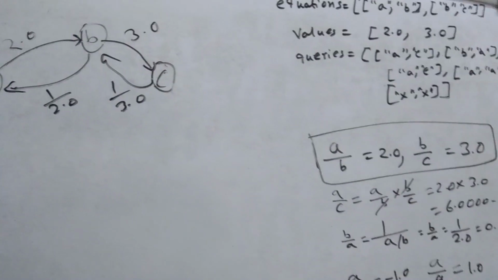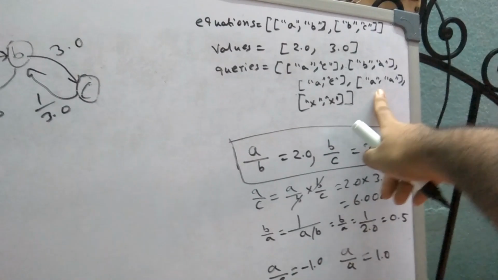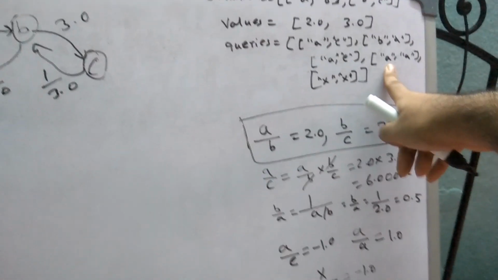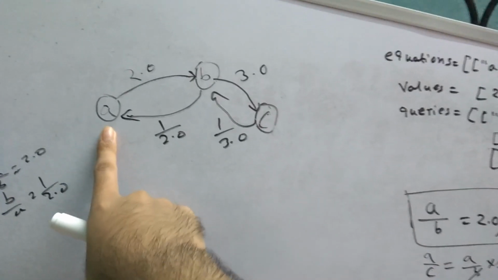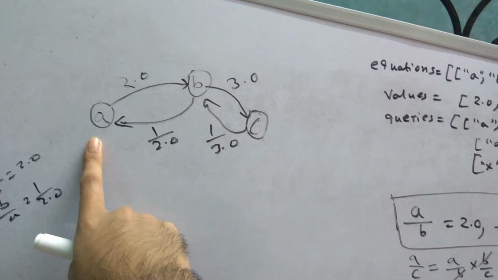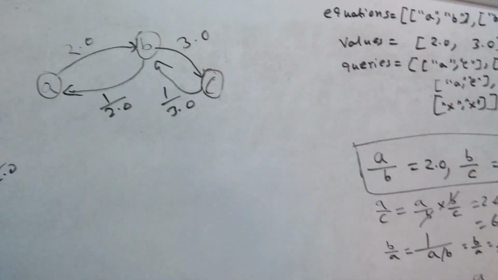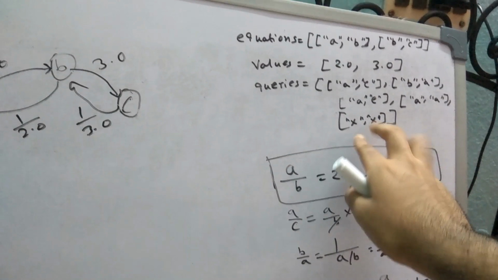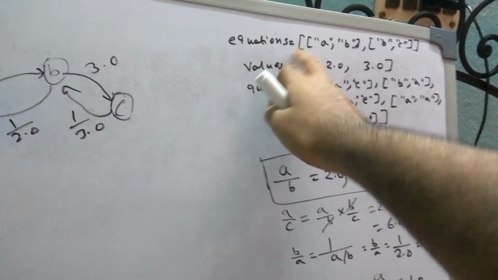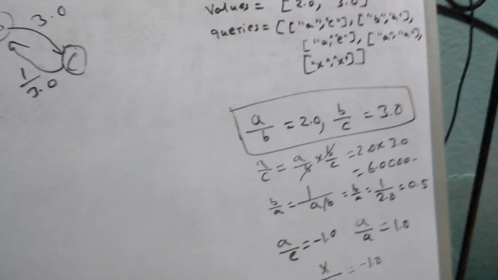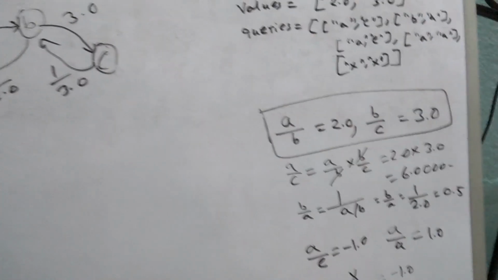There can be one case, like for this example, which would be a base case for our DFS function, because the source and destination will be the same, since we are starting from here and ending over here as well. That's why the answer itself will be 1.0. And for these cases, we will check if the source and destination are present in our graph or not. If they are not present in our graph, then we will simply return minus 1.0.